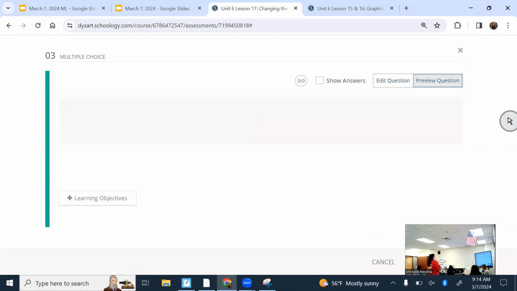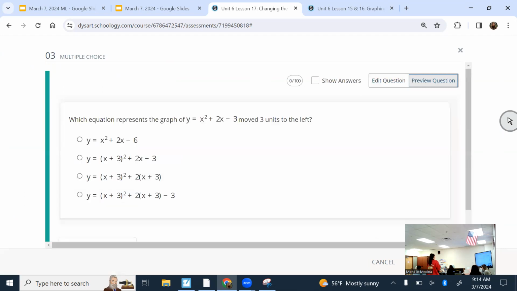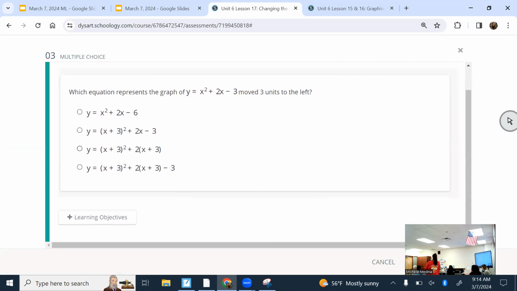Which equation represents this graph moved 3 units to the left? So how do I want to answer this? I think what they're trying to get you to realize is that when you do something to the x inside the parentheses before squaring it, it moves things left or right.